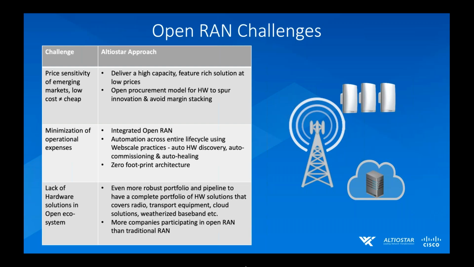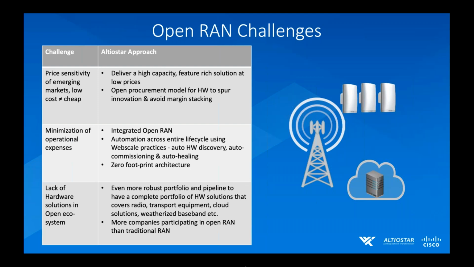Okay, so one challenge that a lot of people think is that, okay, this is a good concept for low cost or cheap solutions, but that's not true, right? The Open RAN portfolio that Altiostar is building with our partners is a very high capacity, feature rich solution at low prices. Low cost does not imply cheap.